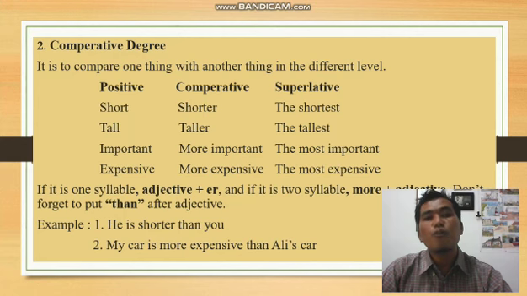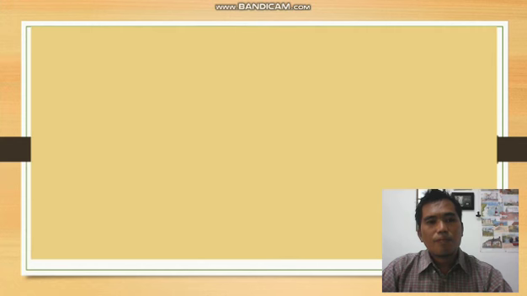If I spend more money to buy a car than Ali spends to buy his car, then we can say my car is more expensive than Ali's car. But if Ali spends more money than I do, then we can say Ali's car is more expensive than my car. Get it?